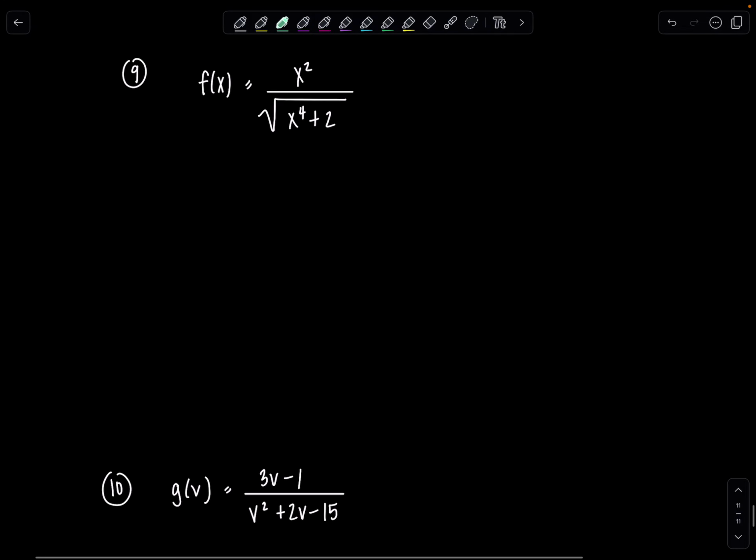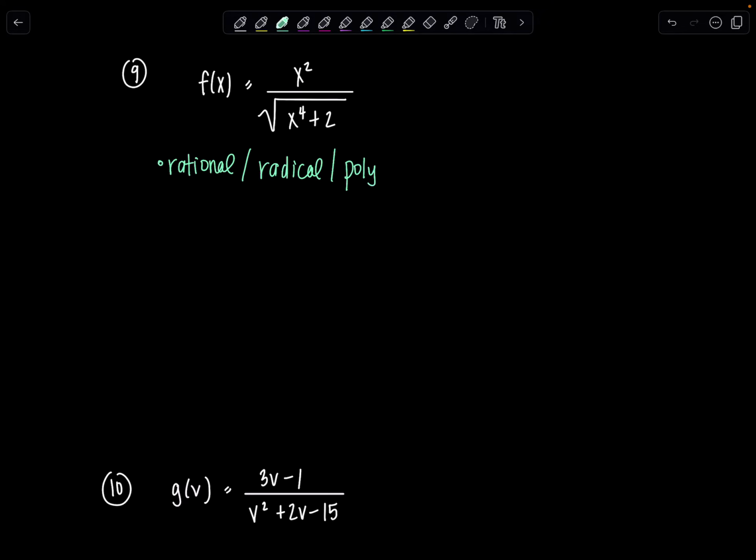F of x equals x squared over the square root of x to the 4th plus 2. So let's identify it. It's a rational function, radical, technically kind of like a polynomial. When I say rational, technically a rational function is a ratio of 2 polynomials, but rational in the sense that we have a ratio of 2 functions, okay?